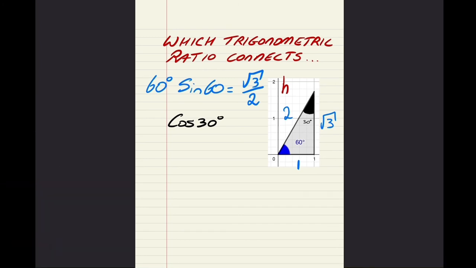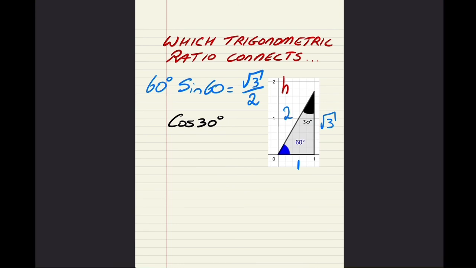Okay, so now we're talking about 30, which is this angle. I've gotten rid of the O and the A that were here because the sides change depending on what angle you're talking about. Up here we were talking about 60 degrees, which is this angle, but now it mentions 30 degrees, which is this angle. So I'm going to rename my sides.